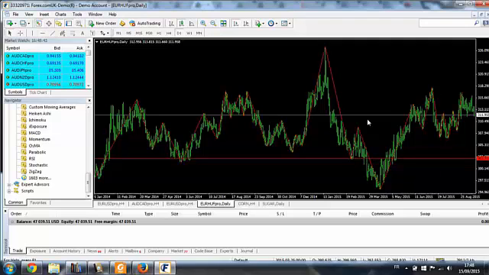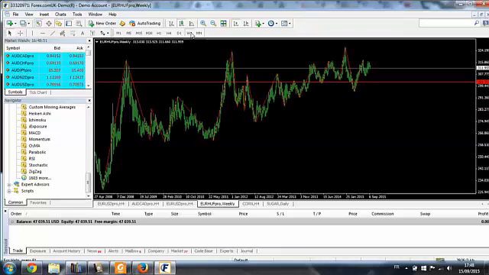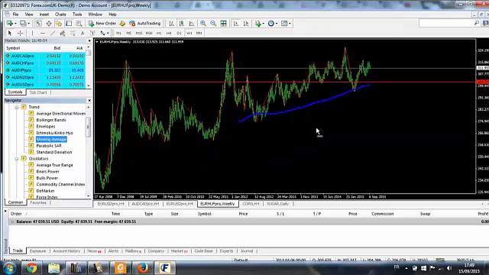But this is the daily time frame, and the weekly must confirm our decision. For example, here we're going to add the 2000 moving average, and we have a major uptrend here. So we could enter.